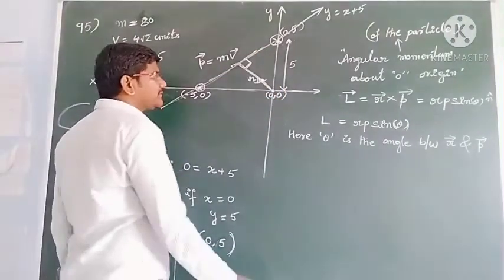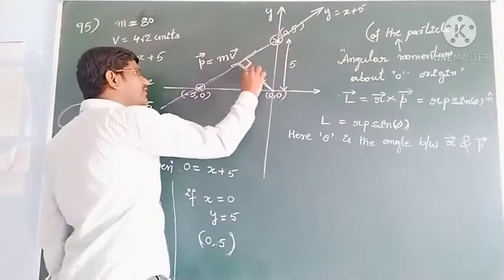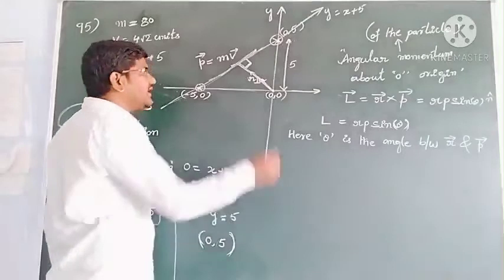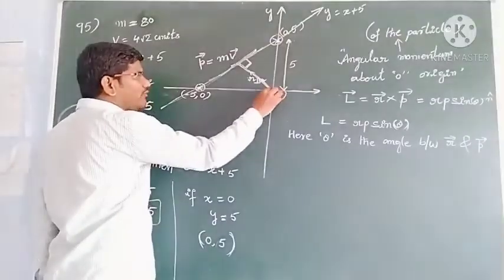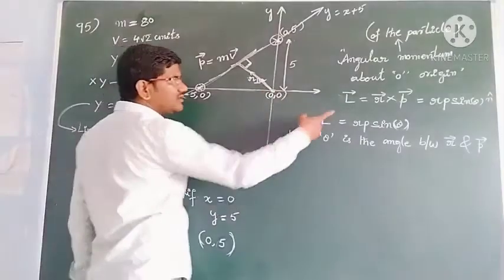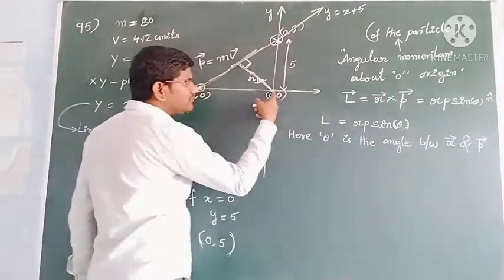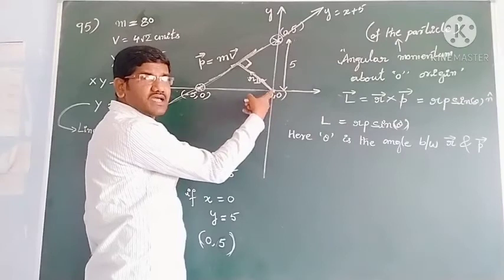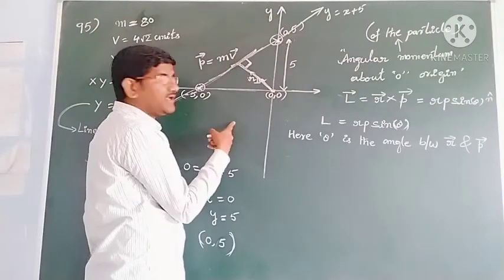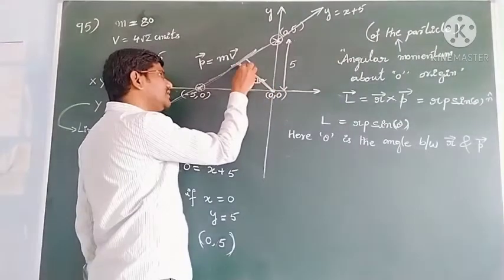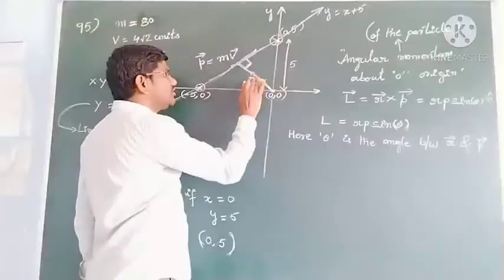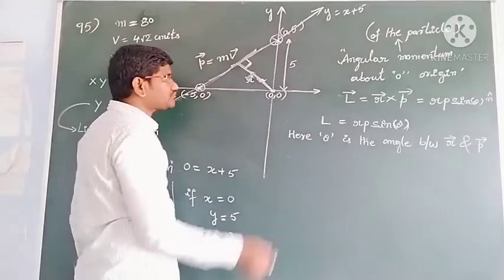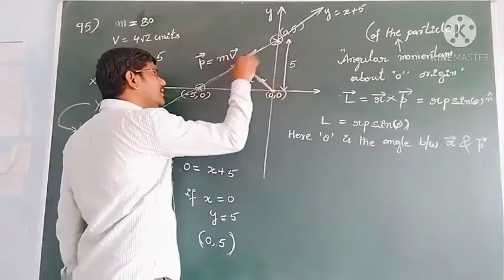Okay students, then this is called r bar vector and this is called p bar vector. The angle between them I am taking as 90. I want the angular momentum about the origin, so from this point I take the perpendicular distance to the line of velocity. This is our r bar, the perpendicular distance from the line.